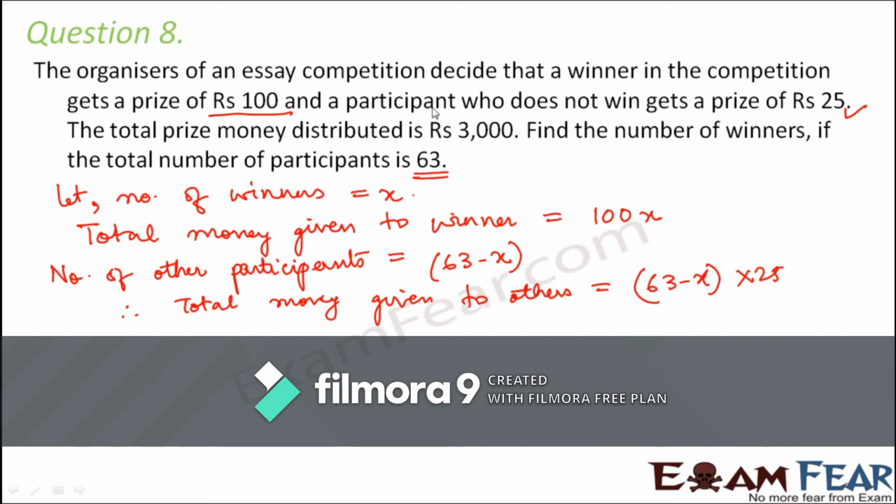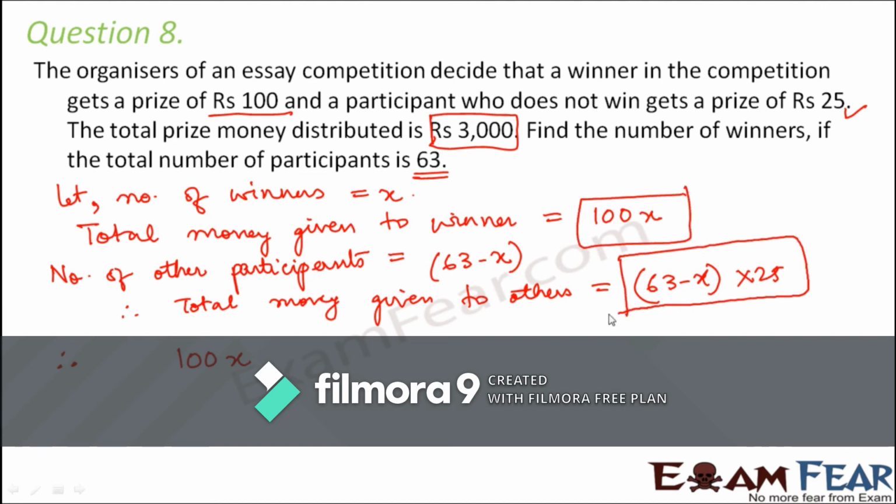Now the question says that the total money distributed is 3000, which very clearly means that 100x, the money given to the winners, plus the money given to others, the sum of these two should be equal to 3000. So with this we get a linear equation. If we solve this, we will get the number of winners.